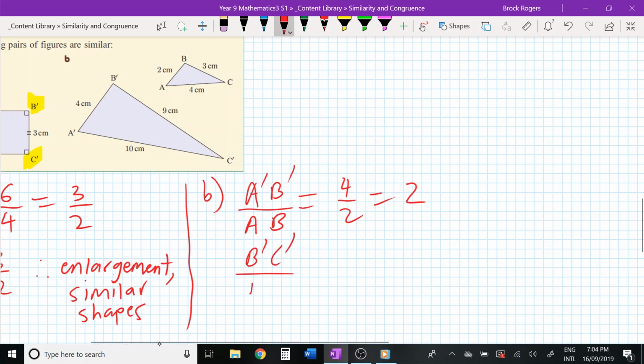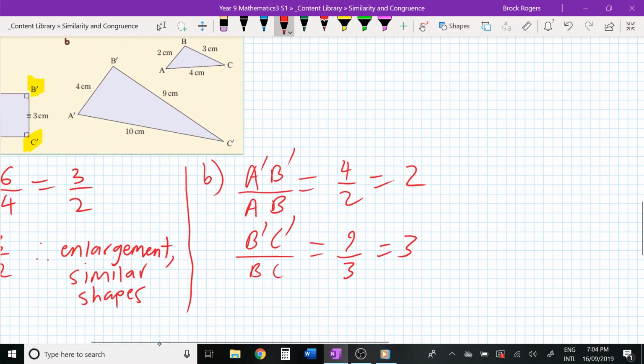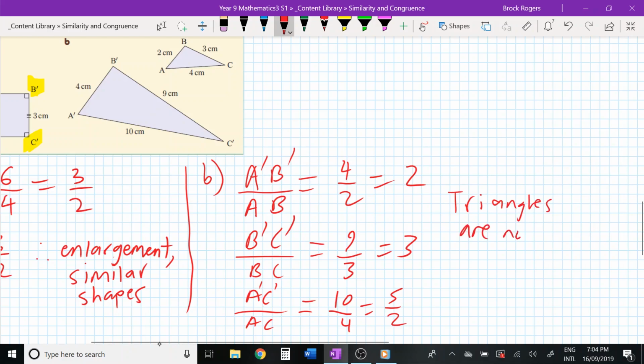And we just have to double check all sides fit this scaling factor, just to check that our triangle is a similar triangle. 10 over 4, 5 over 2. So you see here we've got 3 different scale factors. So in this case, the triangles are not similar.